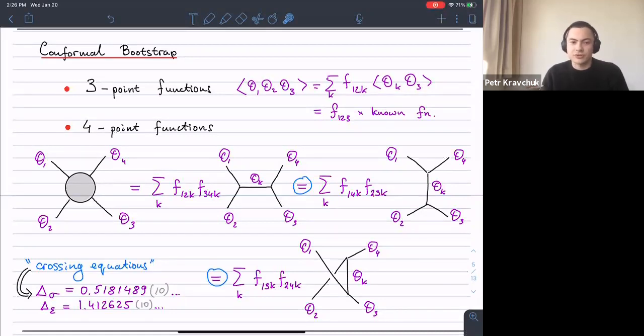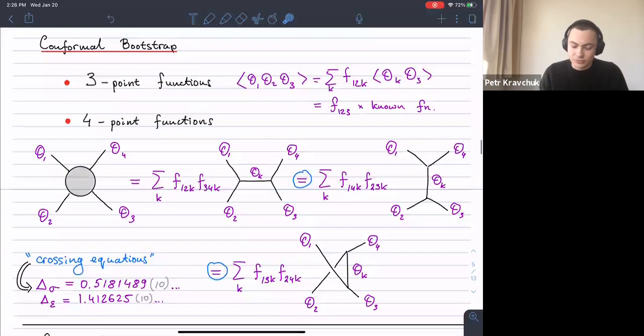Now, in 3 dimensions and higher, we don't have Virasoro, we have a smaller group, the global conformal group, and it has infinitely many primaries in all theories. You can check that these equations just cannot be solved with any finite number of primaries. And this is the reason why this is known with some finite precision, not infinite precision. If you only had a finite number, you'd know these numbers much better.